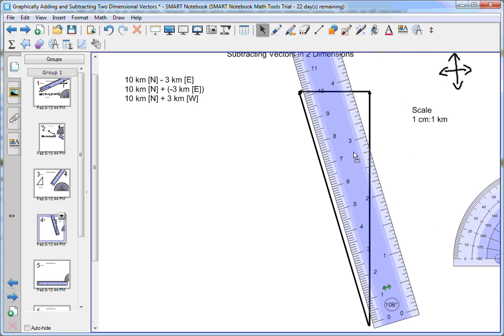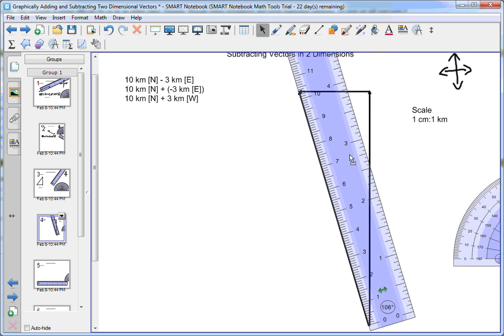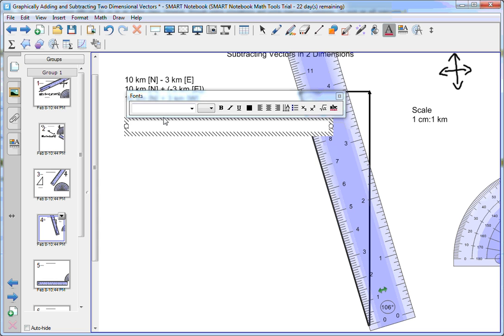Oh, sorry, I guess I should measure that, not just draw it. And it looks like it's about 10.3 centimeters, or 10.3 kilometers.